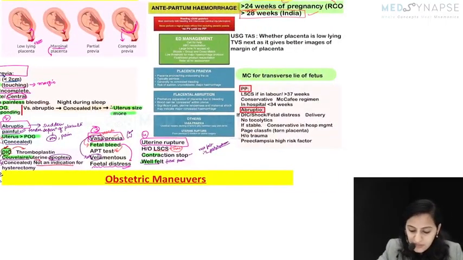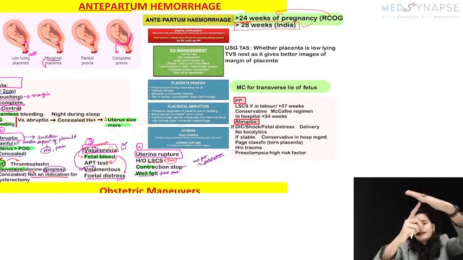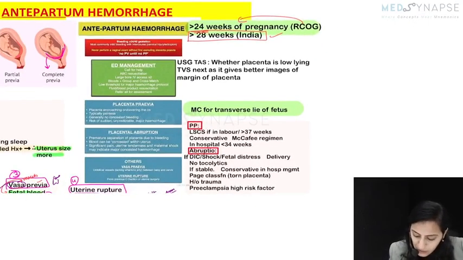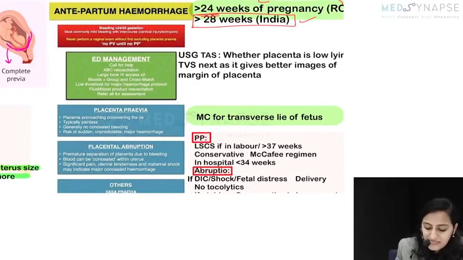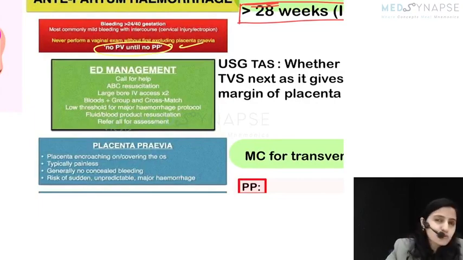So in any case of APH, antepartum hemorrhage, because placenta previa is a possibility, will you do a PV? Because in placenta previa, the placenta is low-lying, you don't want to do a PV. So remember that first you will have to rule out placenta previa. The rule is no PV until you prove that there is no PP, that is placenta previa.